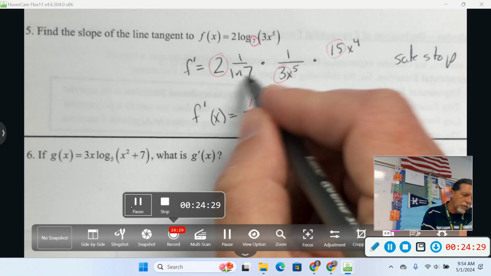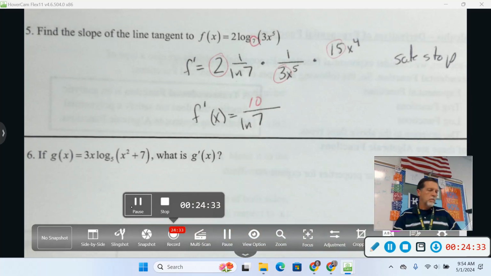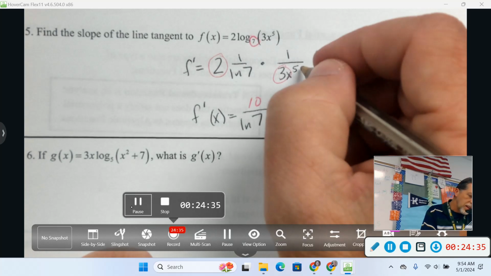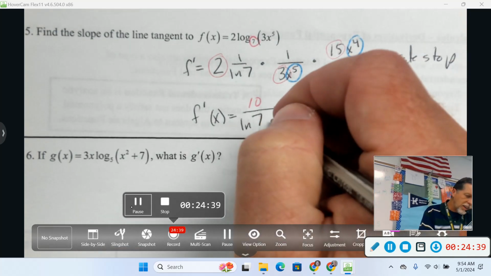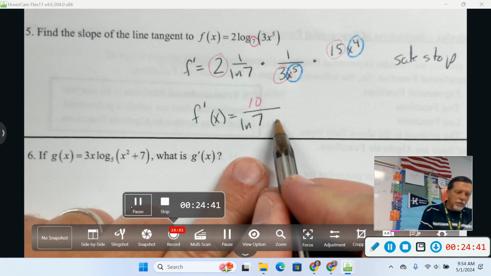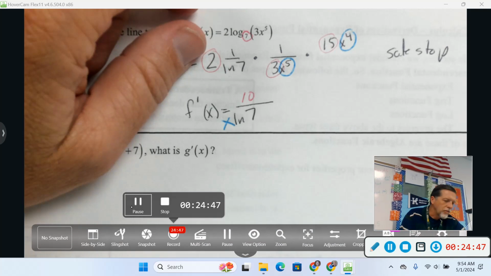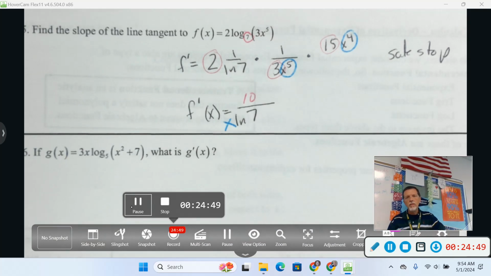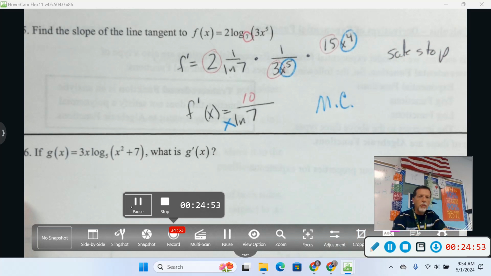Nothing's going to mess with the natural log 7 in the bottom, so that can just stay there. And then x to the 4th over x to the 5th is an x in the bottom. I don't want to put that at the end because then it looks like natural log of 7x, and I don't want that. So I'm going to put that x out front like that. And there's our, probably what shows up as a multiple choice answer.